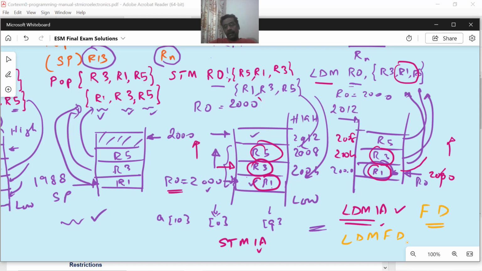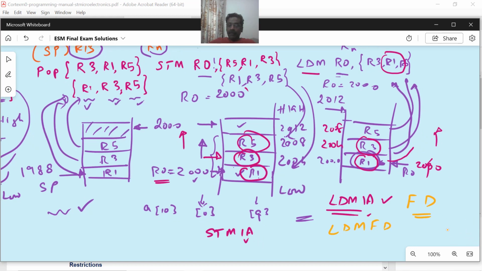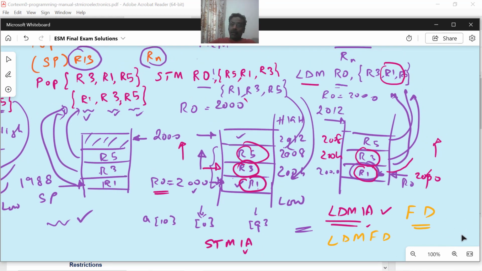Now is it so really? That's what we have to see, whether it is similar to a full descending stack or not. Now LDM is taking from the memory, and we are assuming that it is pointing at a full value.